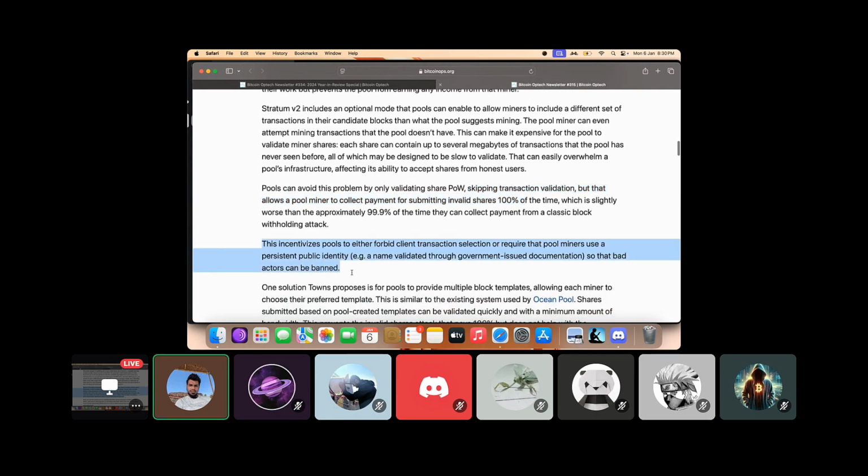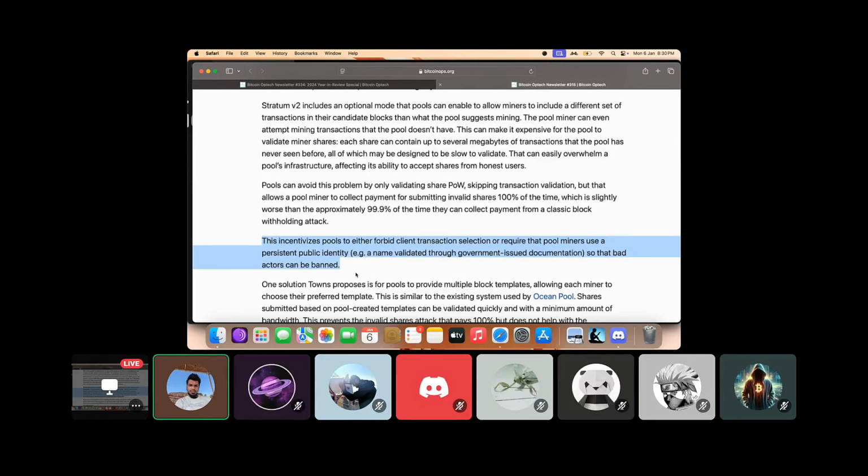This incentivizes pools to either forbid client transaction selection or require that pool miners use a persistent public identity. So to mitigate this, what is a possibility?